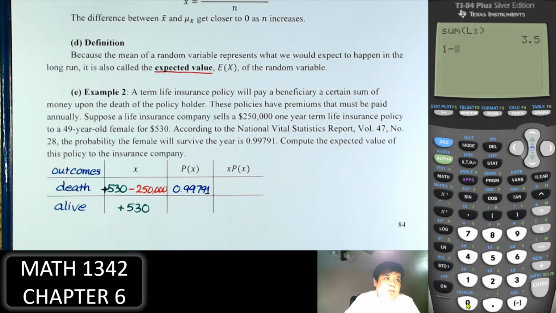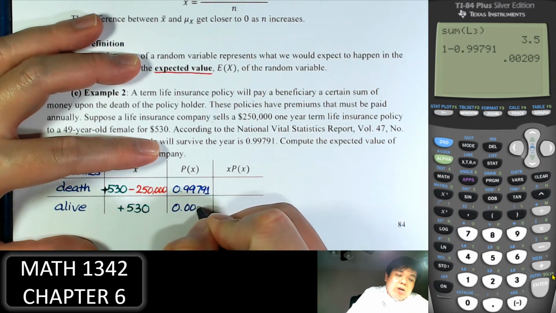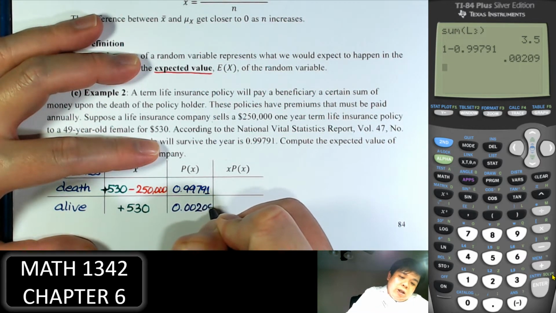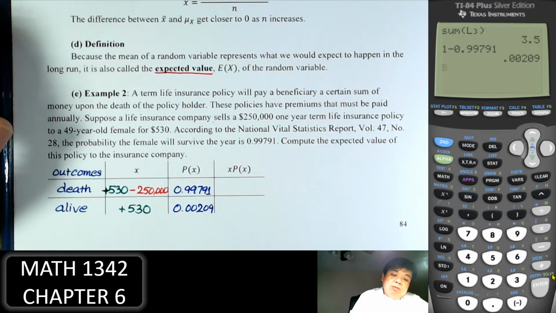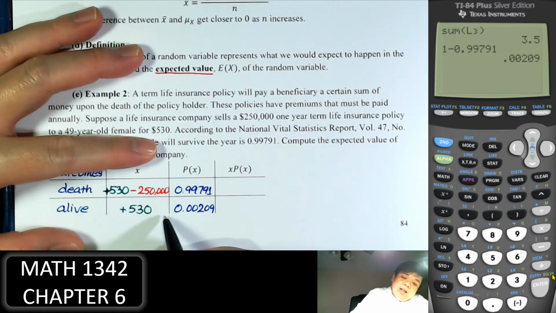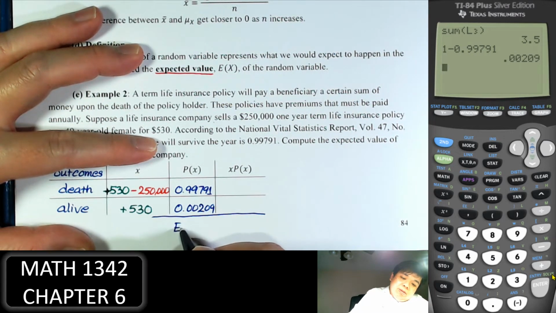So just take 1 minus 0.99791. And that gives us 0.00209. And now we multiply straight across and then add them. The expected value will be the sum of this column.